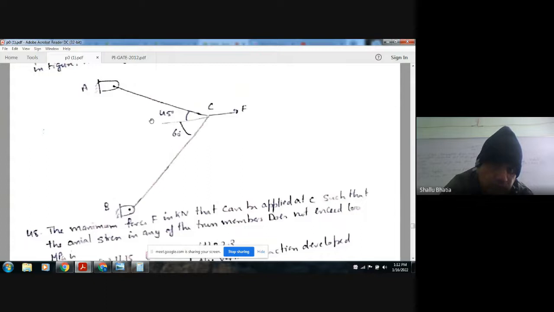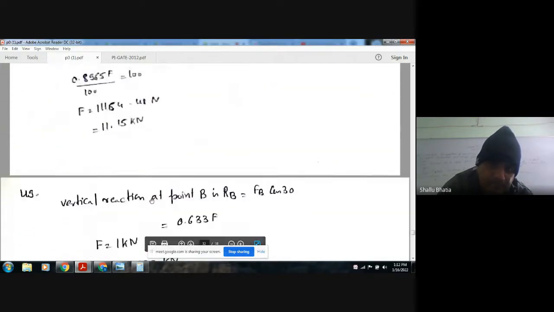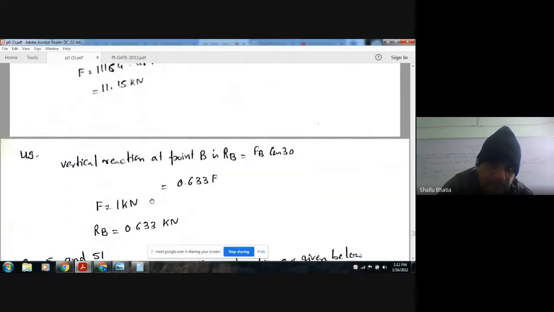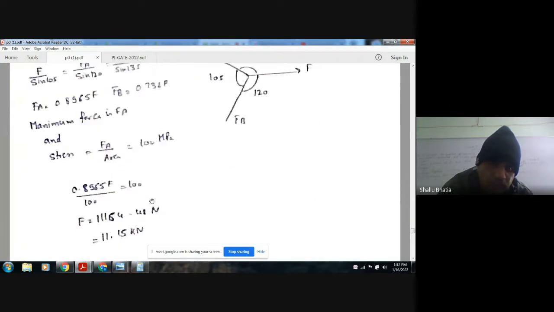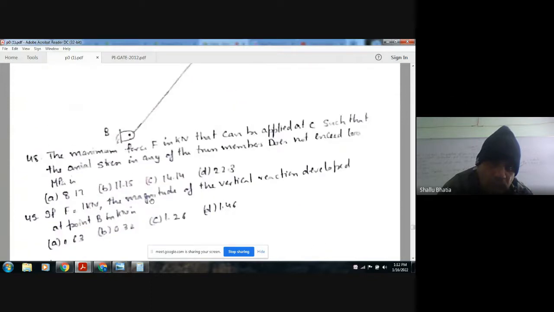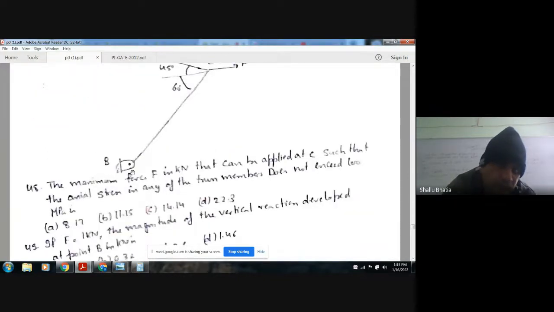So the vertical force will be in this direction, and the vertical reaction.